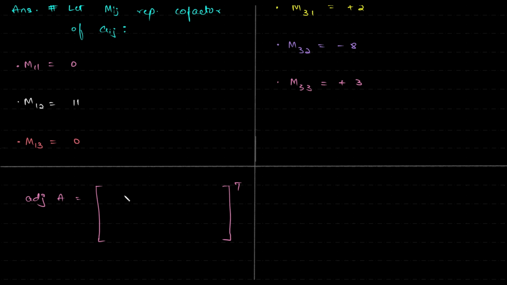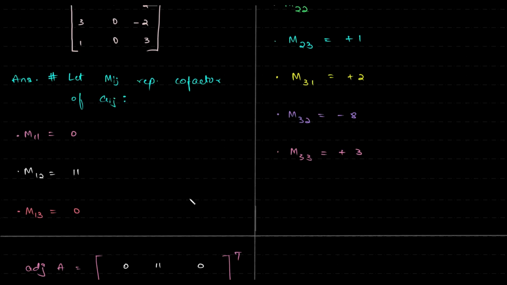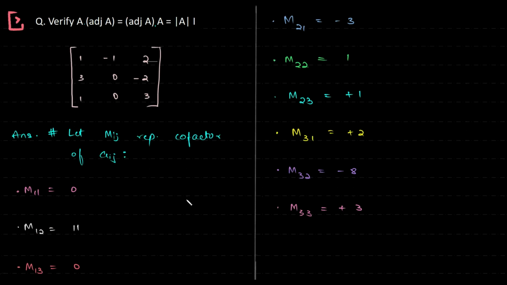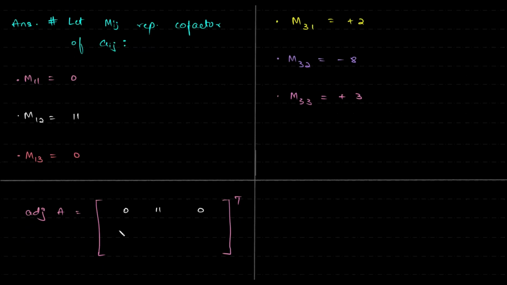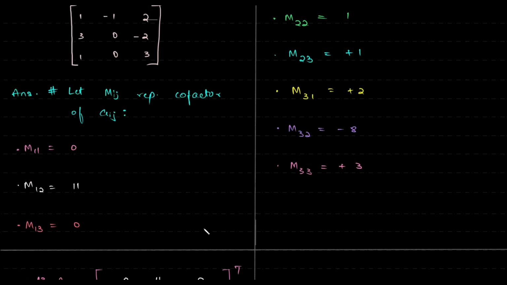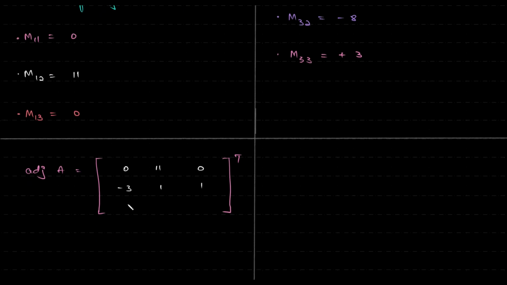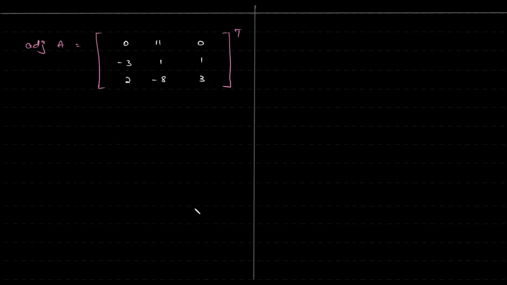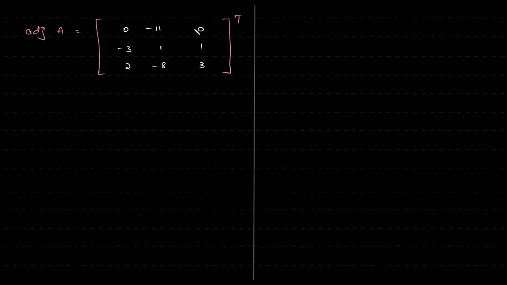Okay, so we have 0, 11, 0, minus 3, 1 and 1, and we have 2, minus 8 and 3. See, this by default has to be positive, negative, positive. I mean we have to multiply it, so this will become positive. This is right, negative of negative is positive.